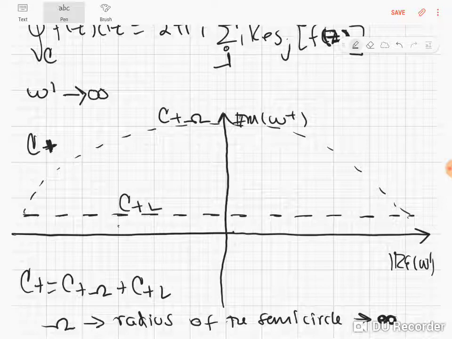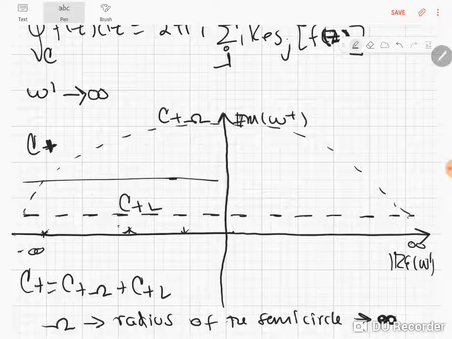So now, since we're integrating from real omega, so the omega is the line, the real axis, from minus infinity to infinity, and since this is a semicircle, if this distance here is infinity, this distance here is infinity as well.